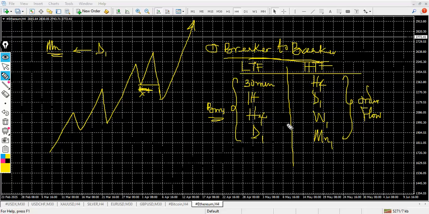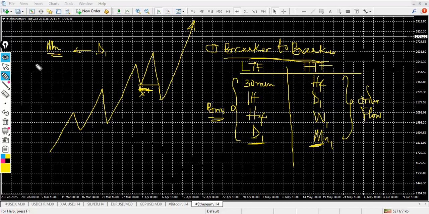But we want the lower time frame considered here to be in line with this one before we can follow this direction. If it is not in line with higher time frame order flow or breakout or the last breaker of monthly time frame, we will not consider this. We'll be following this direction of the monthly.